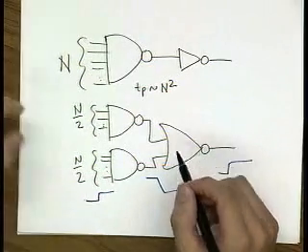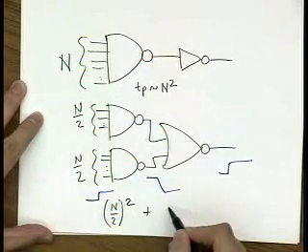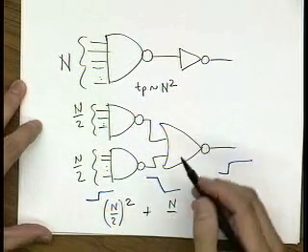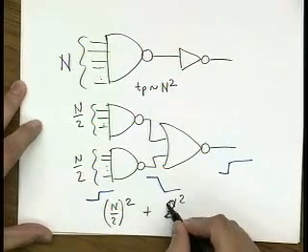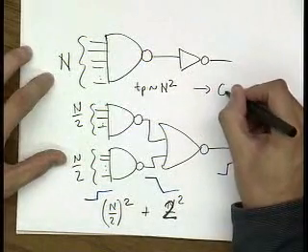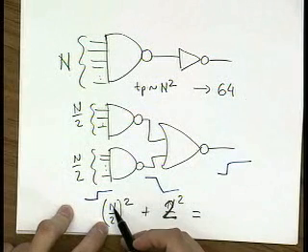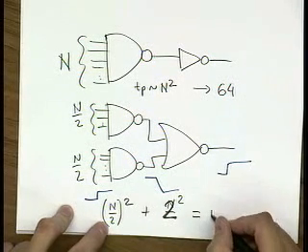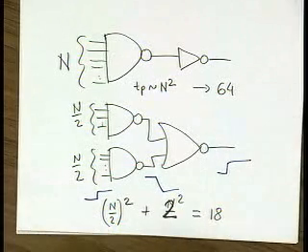But it's still better, because here I have n over 2 squared plus only 2 squared. So if I had 8 inputs, I had 64, and here I have 8 divided by 4, so 16, plus 2, so that's 18. That's a huge delay saving. So logic restructuring can also help you do a very good job with propagation delay.